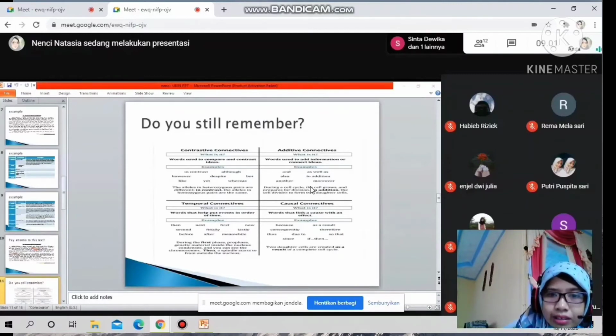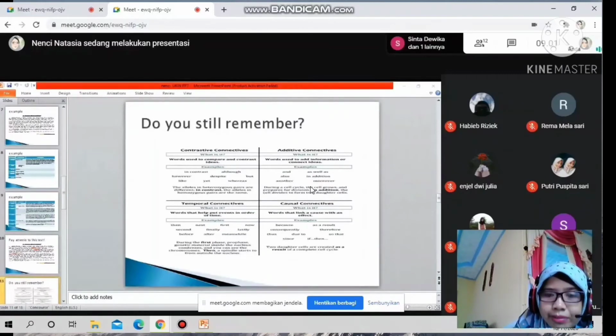Let's go to the causal connective. What is it? It's a word that links a cause with an effect. We use it when we state cause and effect. Examples: because, as a result, consequently, therefore, thus, due to, so that, since, if.